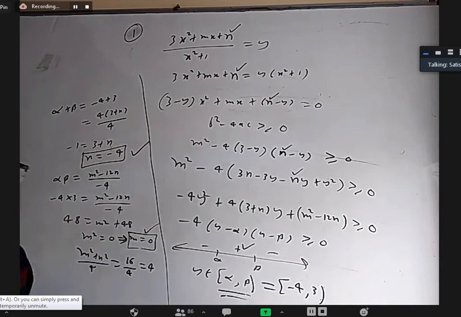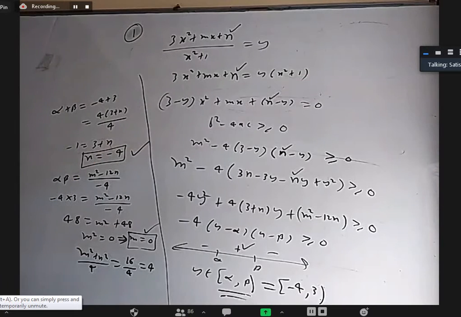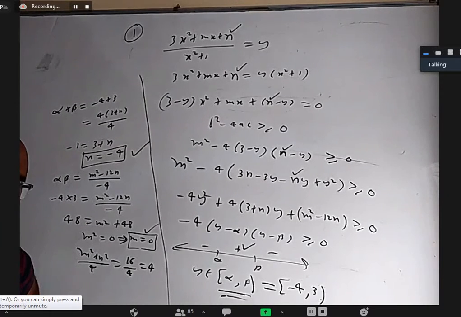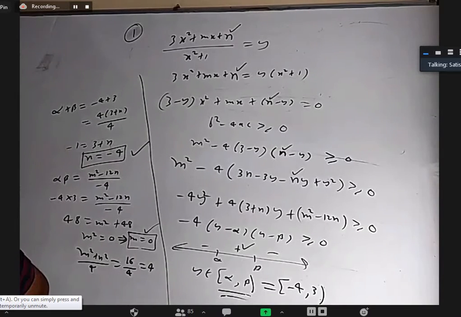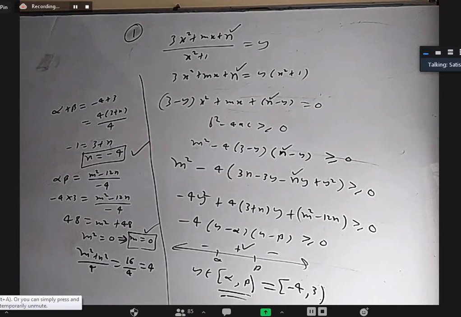But before that, we should have done 1 or 2 questions where a question is given like this and we are supposed to find the range. Is it okay? Many of you could follow this solution? Yes, sir. Maybe just for clarity, I can give one question of this type where you can find the range.